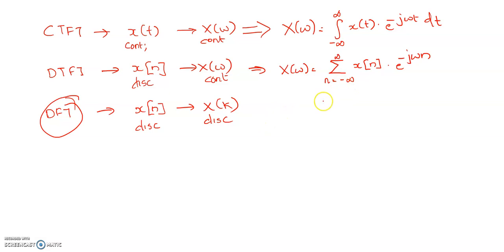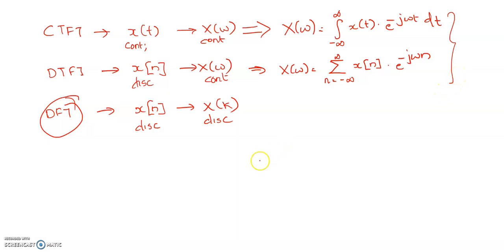These are the two different formulas that we need to understand about CTFT and DTFT, and these two should be clear to you because of your prior knowledge in signals and systems. So this can be learned and applied in case problems come up in your exams.